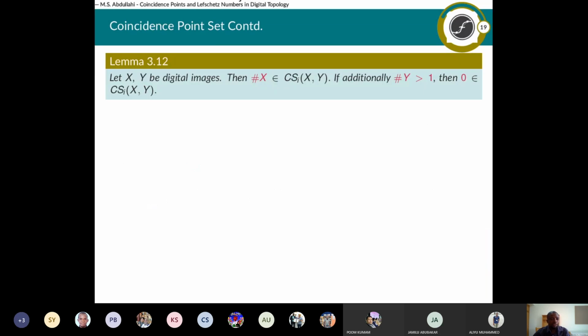The next result is that if we have two digital images, the cardinality of X is always contained in any coincidence spectrum. Additionally, if the cardinality of Y is greater than 1, then 0 is always contained in the coincidence point spectrum.